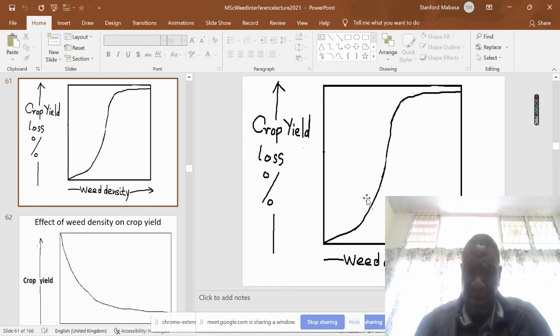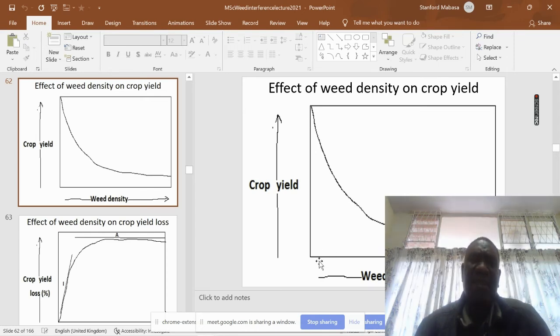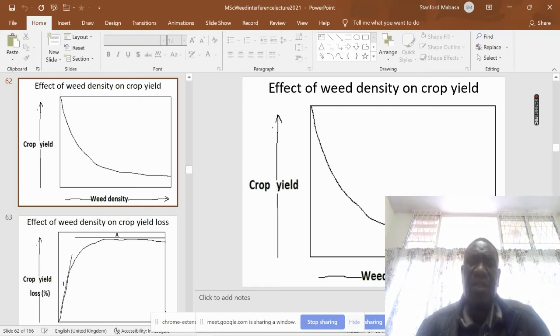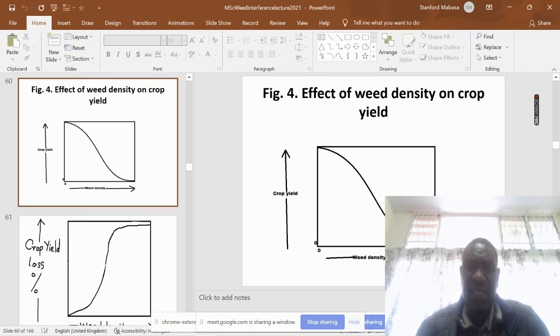But a scientist known as Cousins proposed that as long as you have weeds in the field, there is no delay in crop yield loss. In fact, there's a sharp decrease in crop yield. Then it will start to level off later on as you increase the weed density. Just notice this.